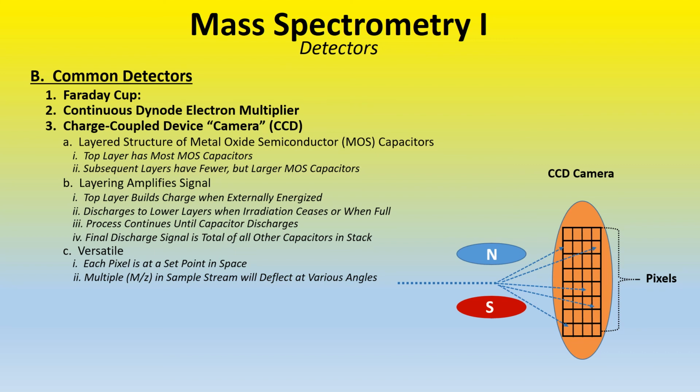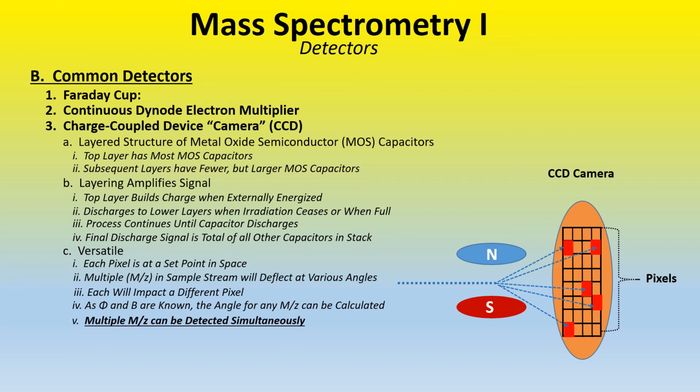Since the pixels are very small and very precise, each one of these m/z values will impact a different crystal. As once again, much like a magnetic sector, since the voltage and the magnetic field are known, the angle for any m/z can be calculated. So therefore, depending on where they hit the detector, you can detect multiple ions, multiple m/z values, simultaneously with a CCD camera.